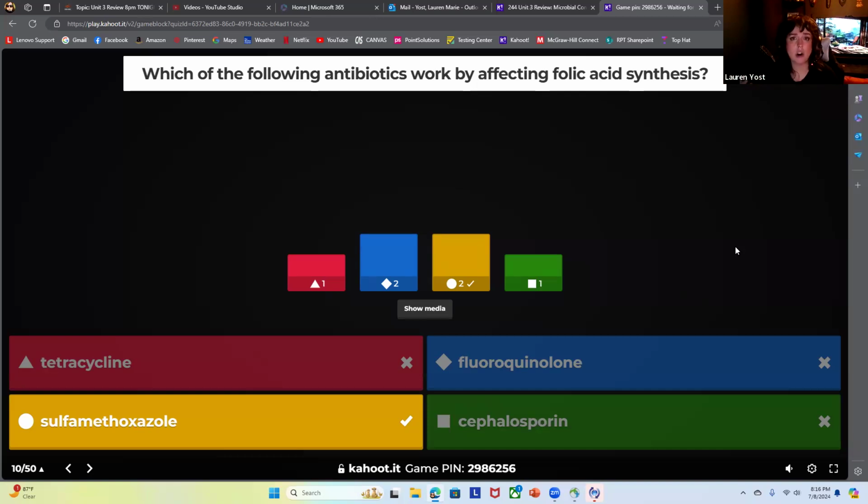This is a great target for our antibiotics because humans do not synthesize folic acid. We have to get it from our diet. And I'm sure that you guys know of folic acid in its other kind of form as it comes biologically as folate. A lot of people will learn about it as methylfolate. That's still folate. It's just kind of with a methyl group to make it more bioavailable.